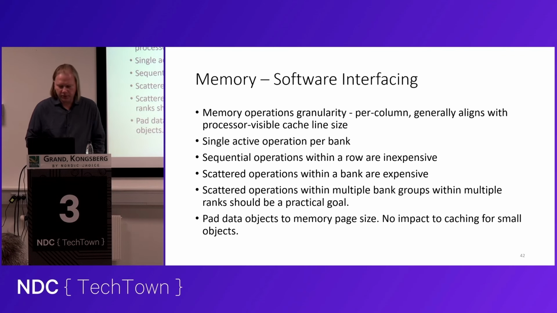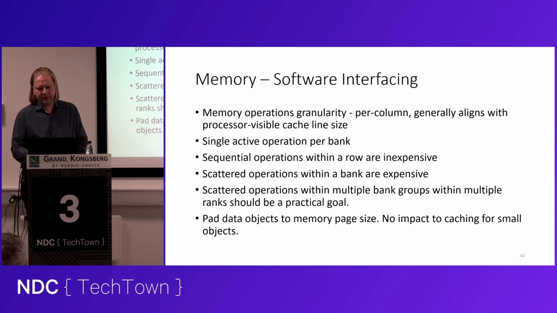One concern voiced quite often to me when talking about these topics is, if you pad your objects at a kilobyte boundary, that means that you will wash out all the cache and that will have a detrimental impact. That's actually not true. How that is stored at the last level memory and how that is stored in the cache is rather orthogonal. If your object occupies, say, one cache line, only that one cache line will be stored in the cache hierarchy.